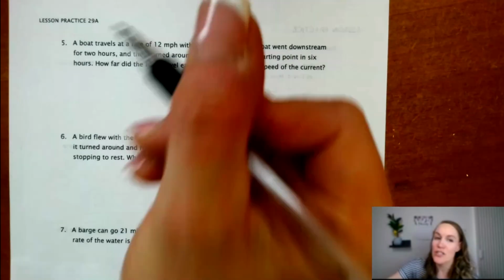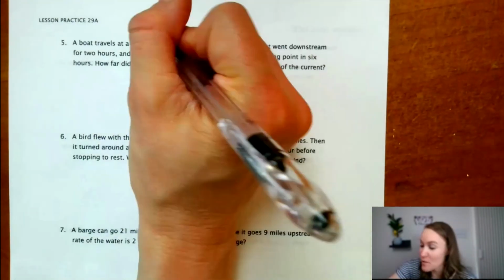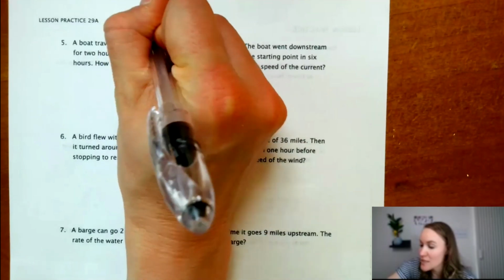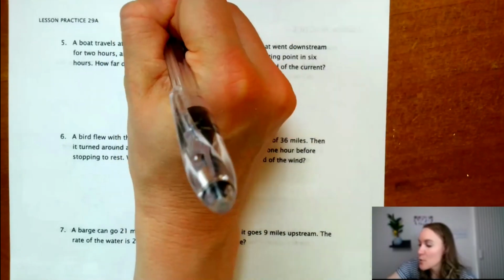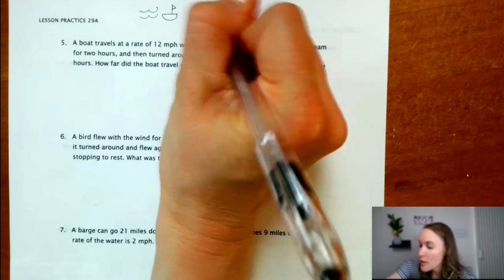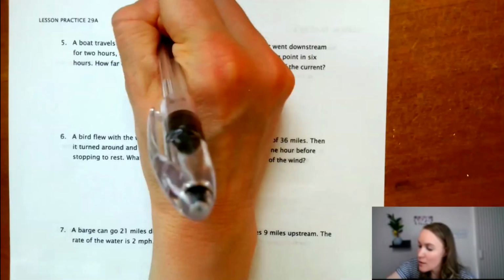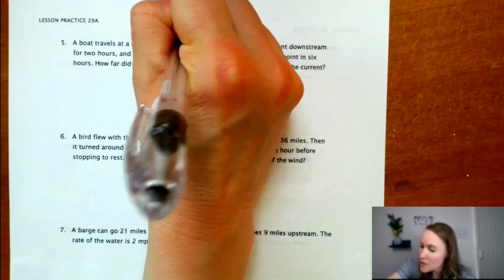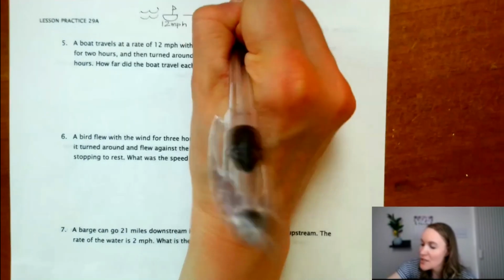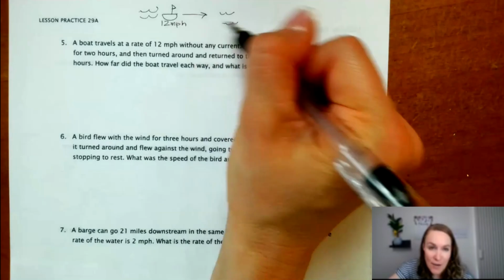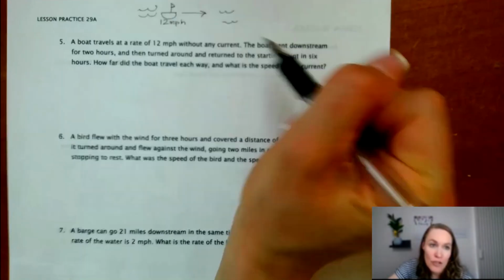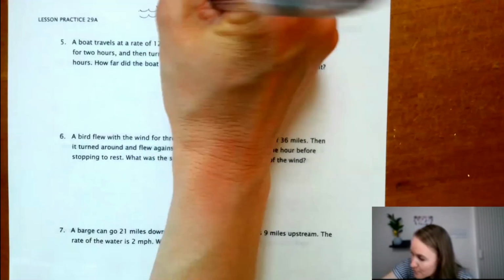Okay, so let's just draw a picture and kind of understand what's going on. So current, and the boat went downstream and it's going 12 miles per hour. There's water. And when it went downstream, it took 2 hours.